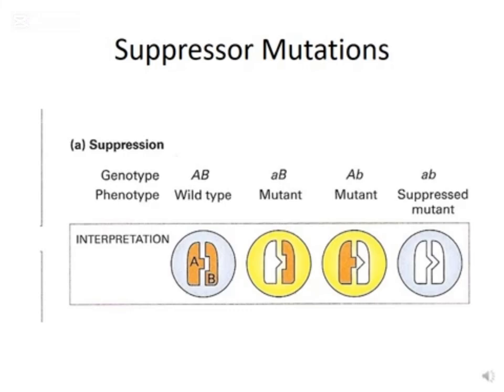Some mutations are called suppressor mutations, and these depend on whether the mutation is present in both alleles or not, and how it affects the genotype and the phenotype.